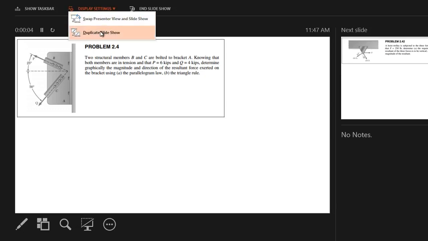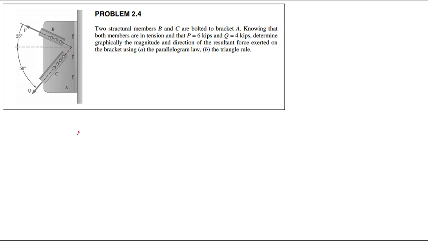All right, so what we have here is two structural members, B and C, bolted to bracket A. Knowing that both members are in tension and that P is 6 kips, so P here is 6 kips. What's a kip again? Good, 1,000 pounds. And knowing that Q is 4 kips, determine graphically the magnitude and direction of the resultant force exerted on the bracket using the parallelogram law and the triangle rule.